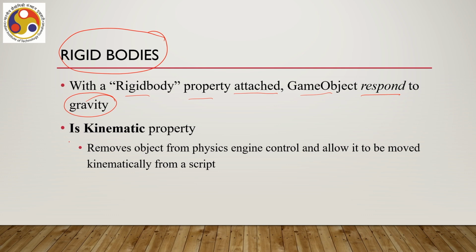Of course, there are properties such as the isKinematic property. By using this property we can remove the object from physics engine control and allow it to be moved kinematically from a script. That means it does not automatically follow gravity. So, using isKinematic, we can allow it to follow gravity or we may disallow it, it is up to us. Such flexibility is provided by Unity.